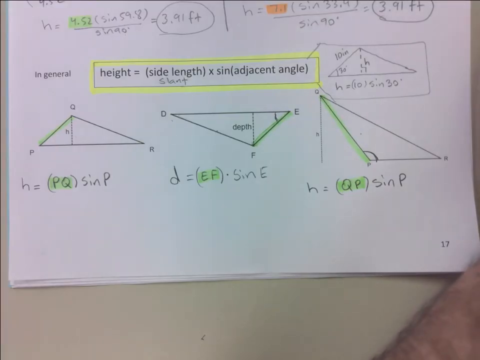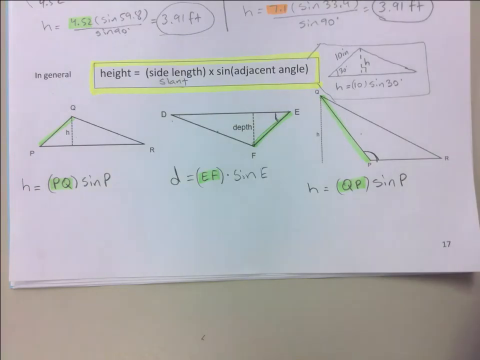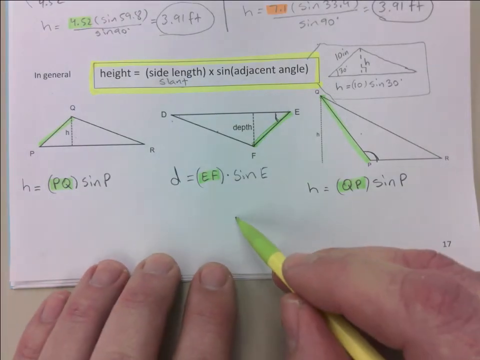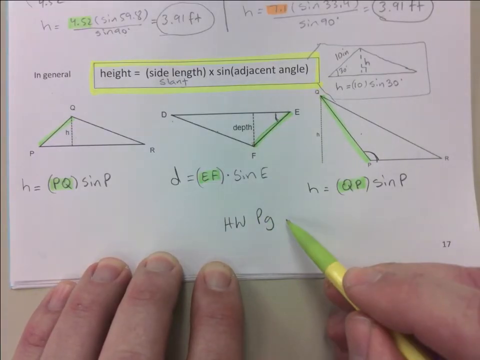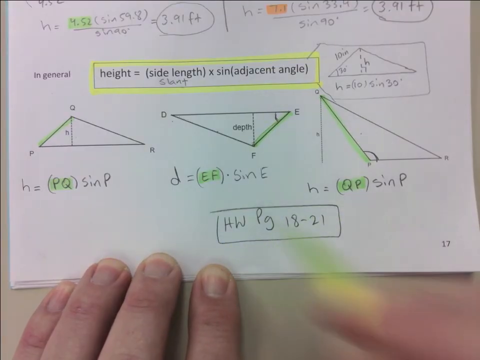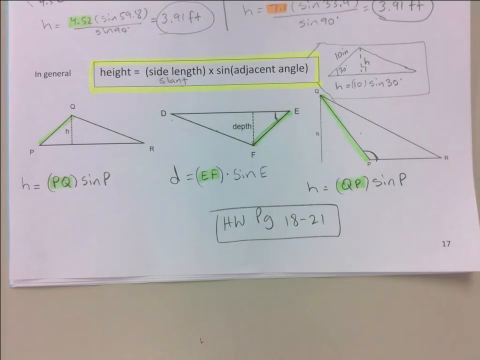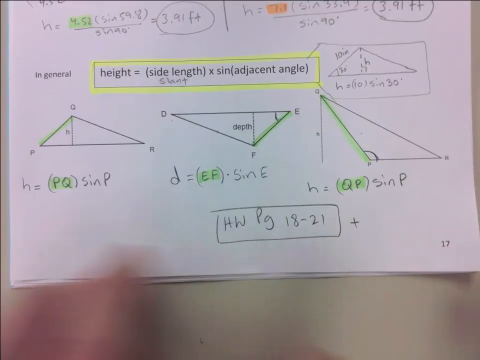So I'm going to say all the way to 21 is fair game here. So homework, page 18 to 21. If you're done 18 to 21, I'm going to say go back.